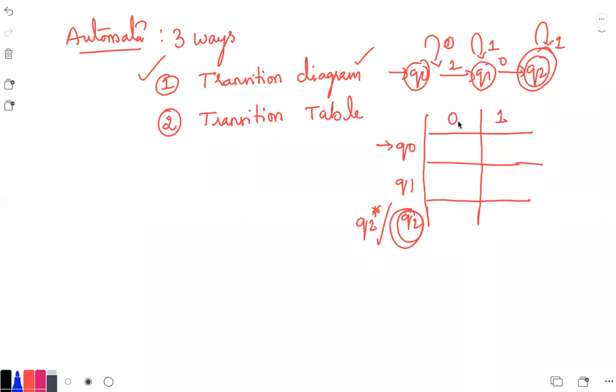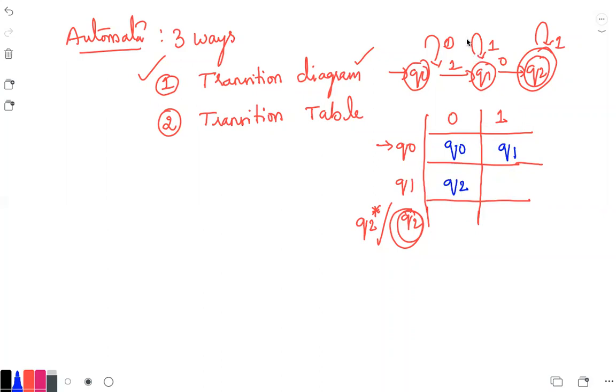Now Q0 on 0, what are you reaching? Varun, Q0, if you take input 0, what do you reach? Yes, Q0. From Q0, if you take 1, Q1. From Q1, if you take the input 0, you reach Q2.